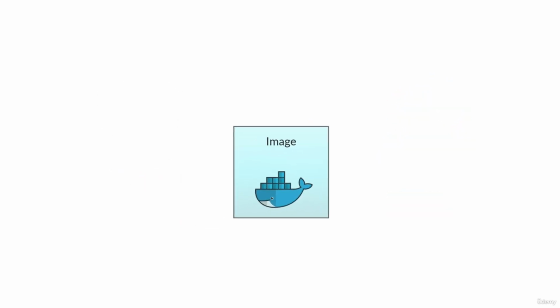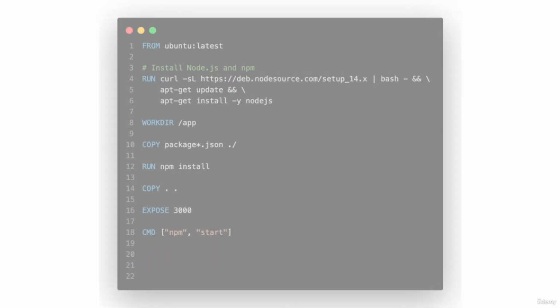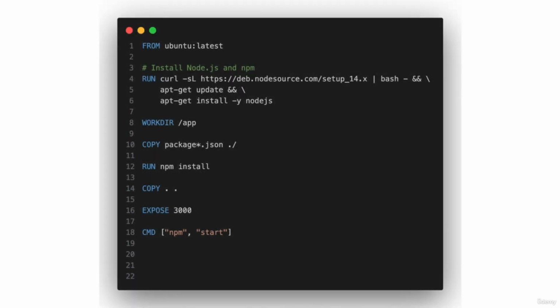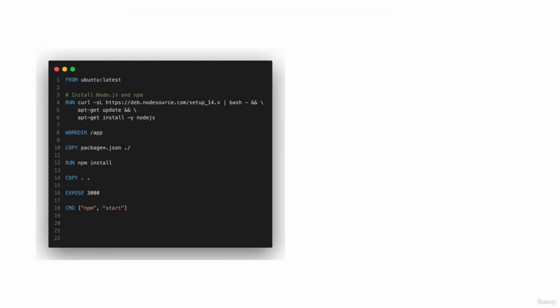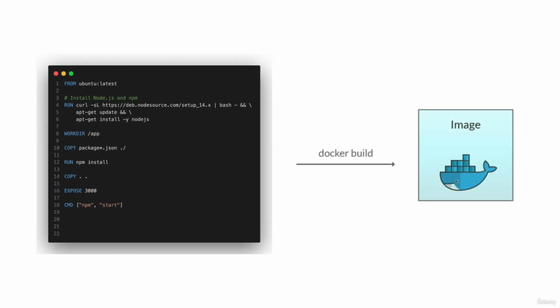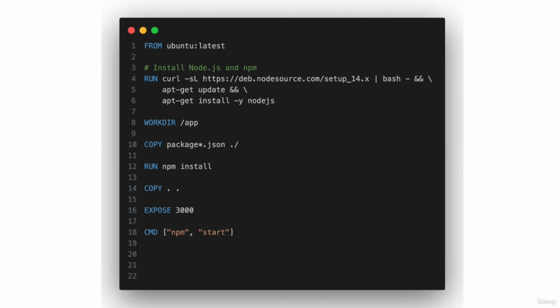But how does Docker know what to include in an image? Well, Docker uses a special file called a Dockerfile to create your image just the way you want it. A Dockerfile, like a recipe, is a step-by-step instruction manual for creating a Docker image. It's a plain text file that contains a series of commands and settings that define how to construct a container image.